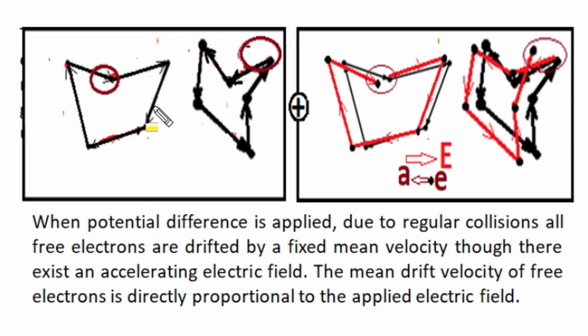The thermal random motion of electrons has different behavior, but all such random behavior gives net zero displacement. But when a potential difference is applied, the random thermal behavior of electron movement gets modified, and all free electrons drift in the same direction with the same velocity. The drift velocity of free electrons is directly proportional to the applied electric field.